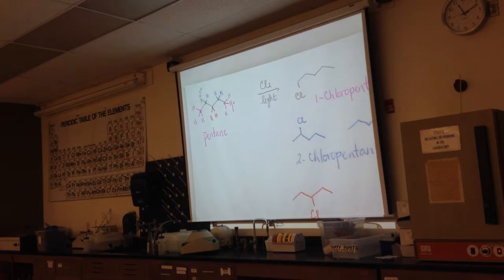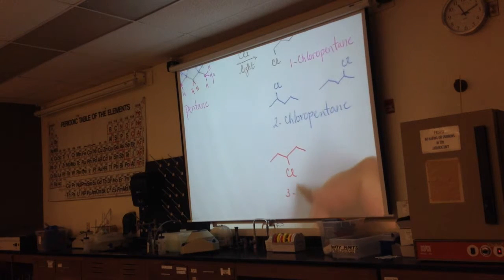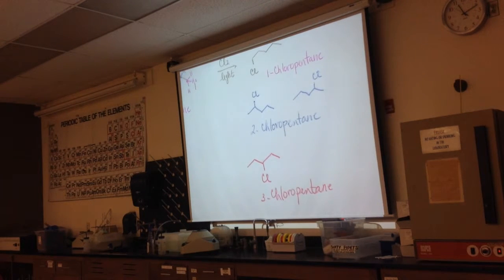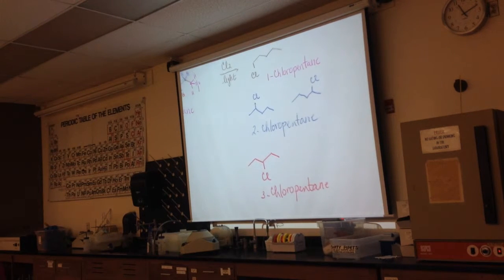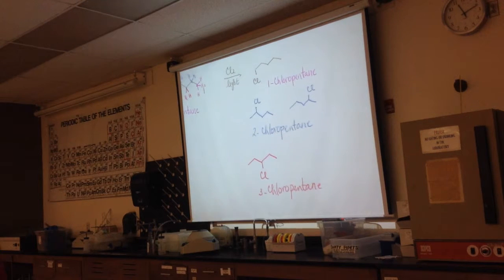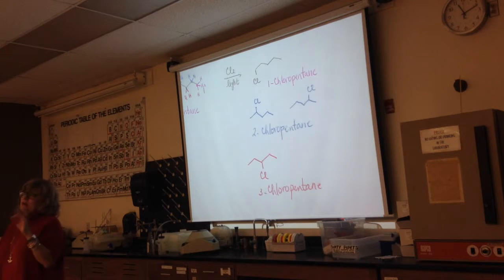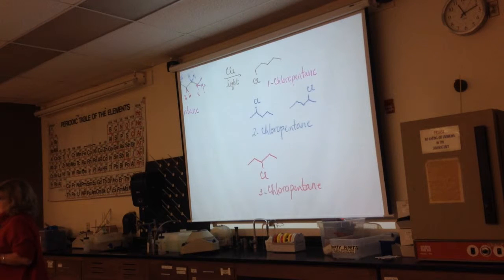So this guy leads to your 3-chloropentane. As I go through this, not only do you see that you have 3 possible constitutional isomers, is everybody seeing that these are constitutional isomers, but you can also lead to some stereoisomers.